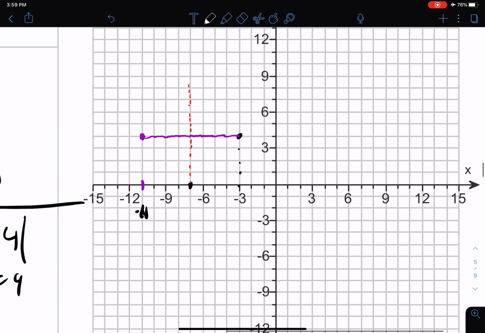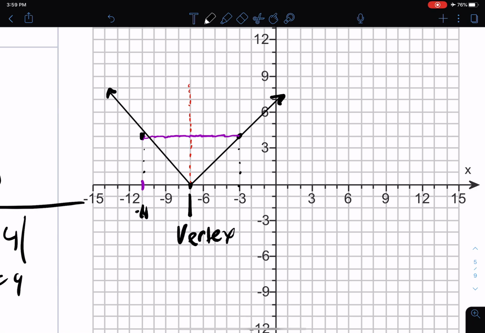We went -11 up 1, 2, 3, 4, and for sure we know now that this absolute value is absolutely going to have a vertex at that point right there. That vertex is -7, comma 0.